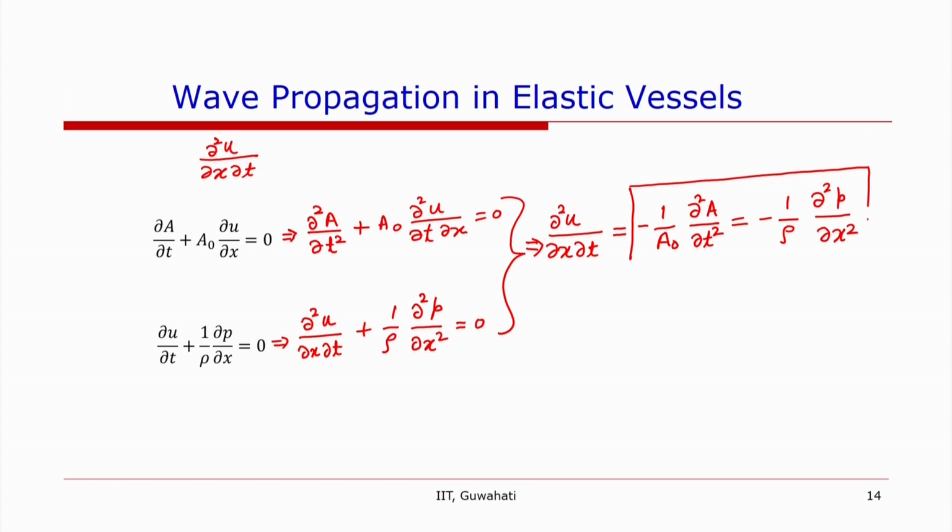From this we get del 2A over del T2 is equal to A naught over rho del 2P over del X2.